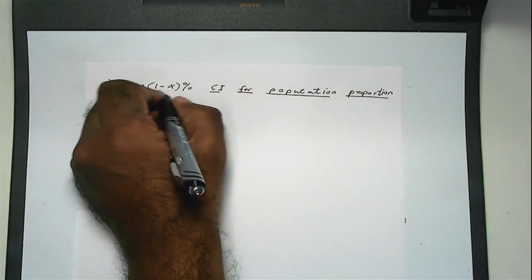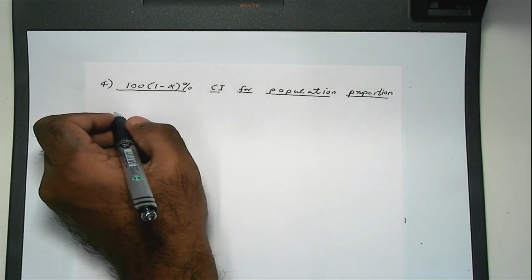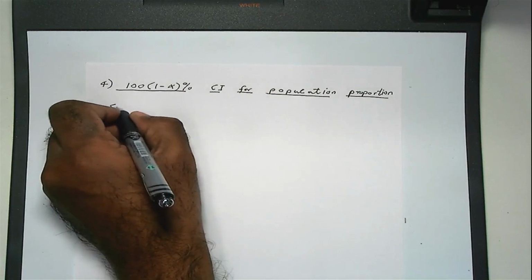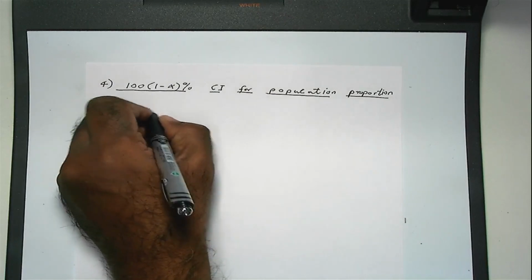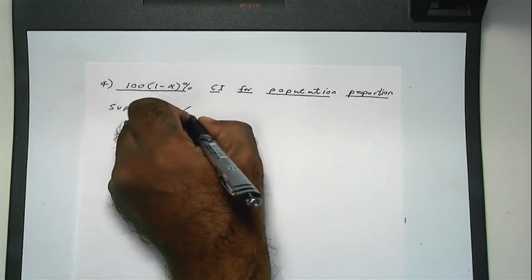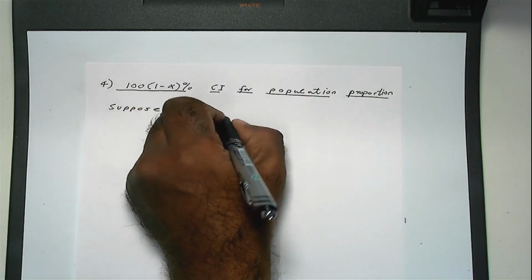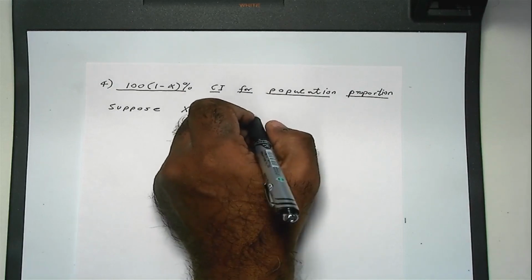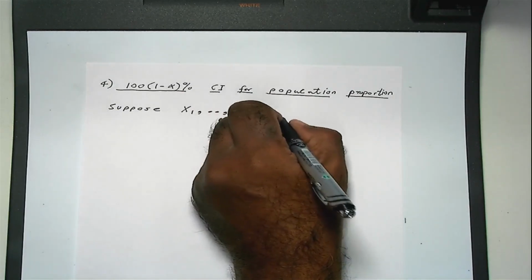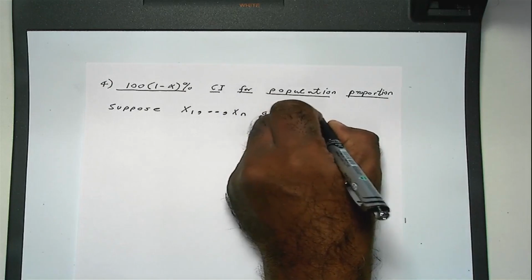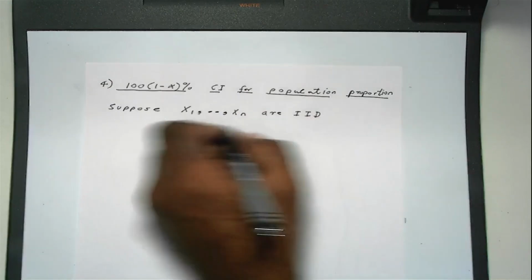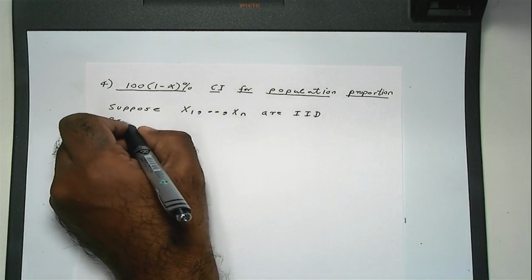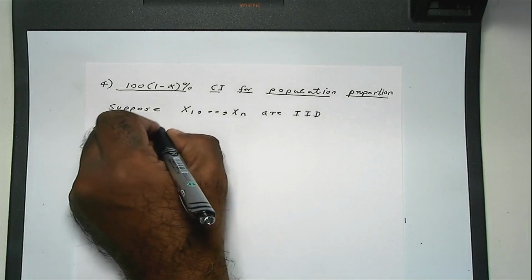Okay. So here I'm going to suppose you have a random sample x1 to xn, which are IID from a Bernoulli distribution with parameter p.